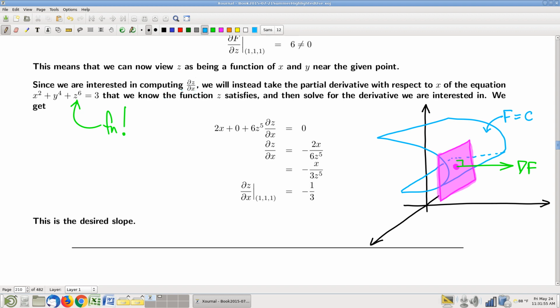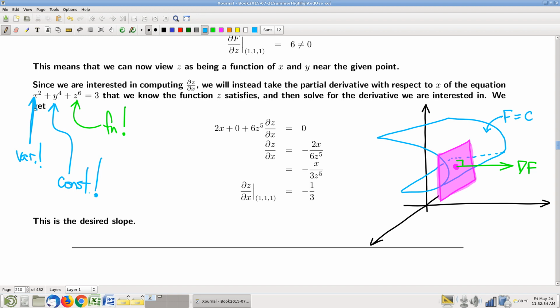So x is going to be our variable that we're going to take a derivative with respect to. And then what about y? What is y doing? Well, we're taking a partial derivative of z with respect to x. That means that z, this function of x and y, I want x to be the only variable. That means y is going to be a constant. So all three of these variables are playing different roles now for the purposes of this next partial derivative calculation.